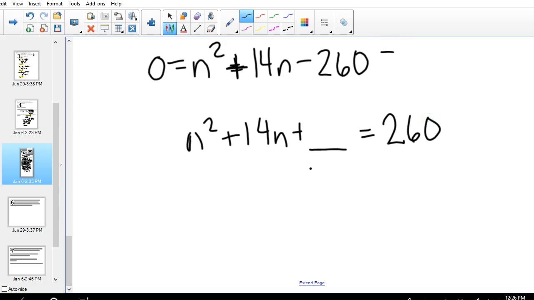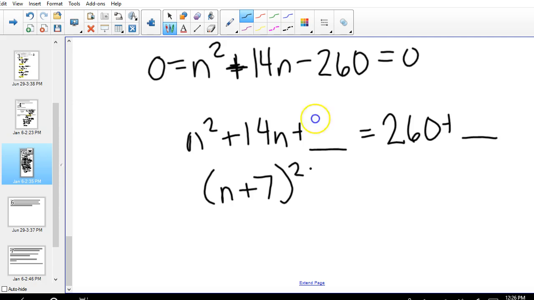Move that because it equals 0, you're moving it to the other side, plus blank. So you'll have n plus 7 squared, and 7 squared is 49. So you'll add 49 to both sides. So you get 309.